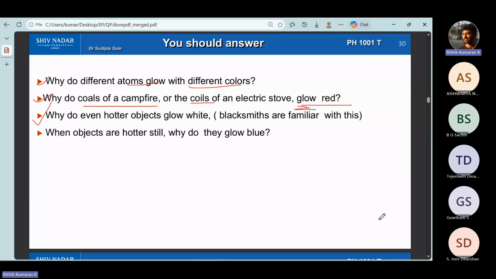Next is, why do even hotter objects, like the coals and the heat above these coals and campfires, glow white? They're talking about blacksmiths. So for a hotter object, obviously every area will not be uniformly the same, containing the same heat, right?